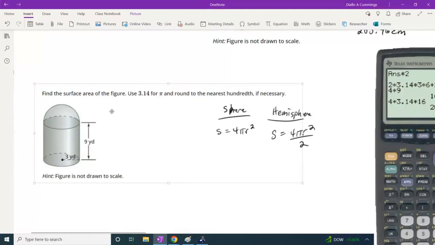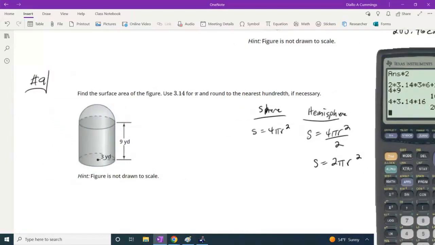So the formula I'm going to use to find the surface area for the top of that figure, that silo, is going to be 2 pi r squared. So the surface area is going to equal 2 pi r squared, and that's only the surface area for the dome part, the top.